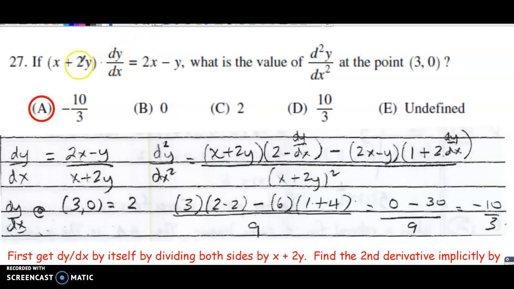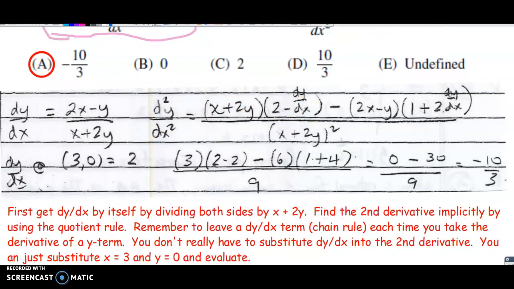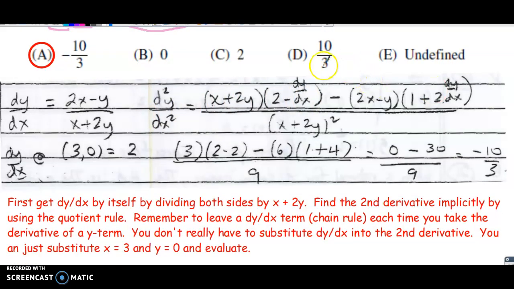27, we're given a differential equation right here, and they want us to find the second derivative. So to find the second derivative, we're going to get dy dx by itself by dividing both sides by x plus 2y. Take the derivative by the quotient rule. Notice that I have a dy dx here and a dy dx here.